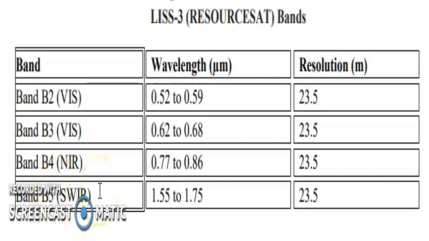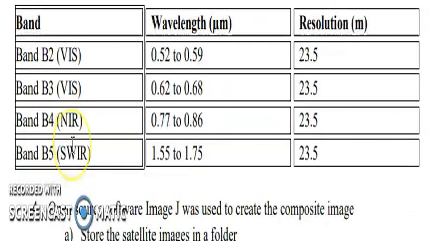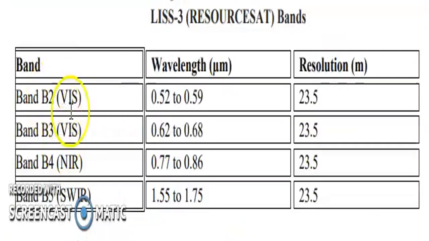I'm not going to repeat what we already did in the practicals, but I'm just trying to give you an example. B2 and B3 are in the visible region. While creating the color composite image, we assigned these bands certain colors.